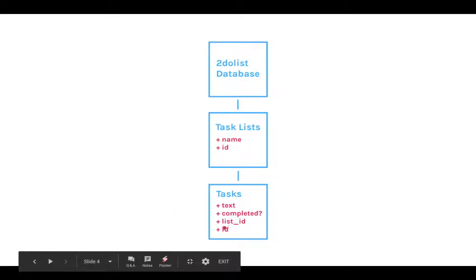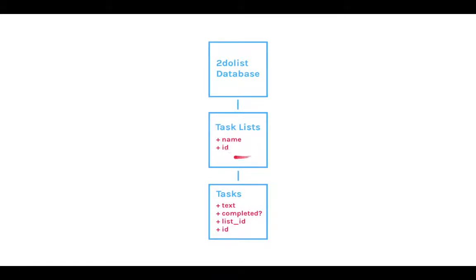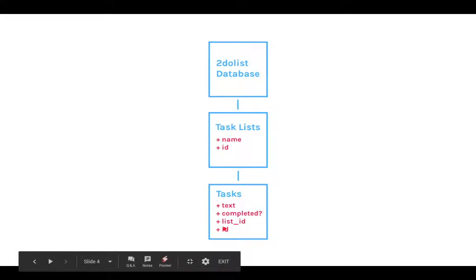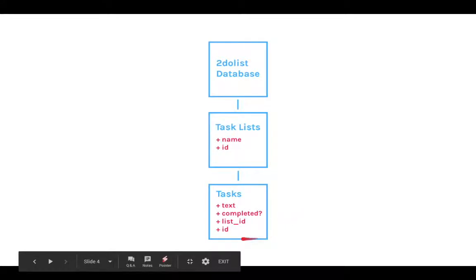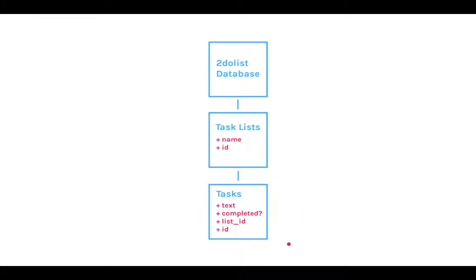So the list ID attribute over here tells that this task object is a part of this task list. So if the ID over here is 1, then this task's list ID will also be 1. And this object also has an ID, and this is required to identify this specific task. So that's for our data models, and we'll start coding our API now.